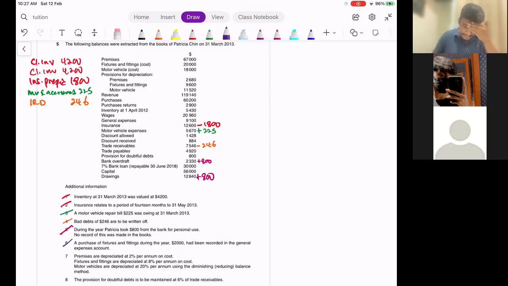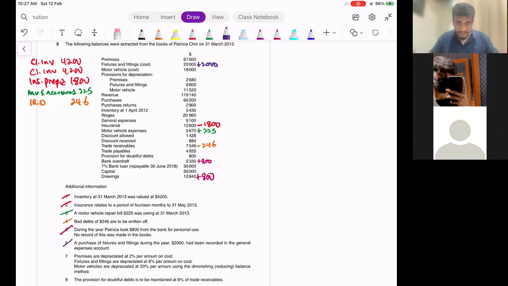Number 6, a purchase of fixtures 2,000 had been recorded in general expenses. 2,000 general expenses. So what do you do? You minus what? You plus the fixtures and fittings, minus what? You read.